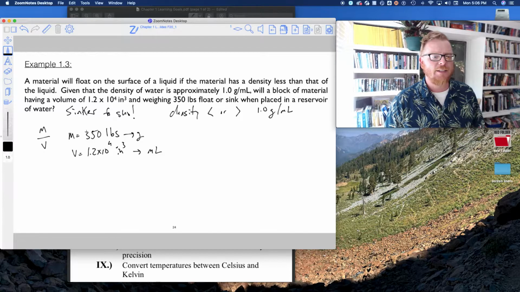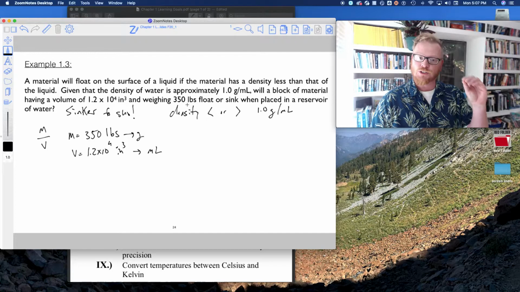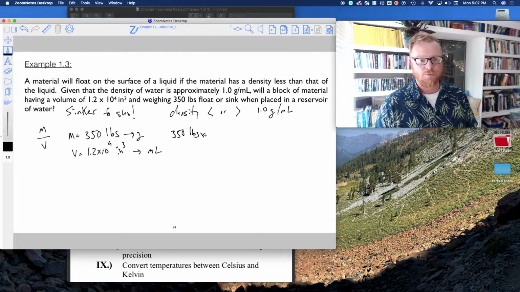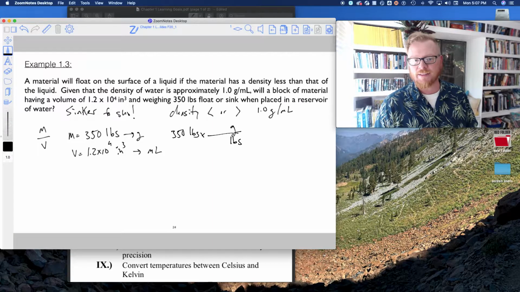Remember, in our conversion process, start with the number you have. So I'm going to start with 350 pounds. And I'm going to do that process where I go down and then up. So I'm going to put pounds here and grams here because I know I have a direct conversion. That cheat sheet told me 1 pound is 453.6 grams, and that's all I got to do. Pounds and pounds cancels, and I'm left with grams.